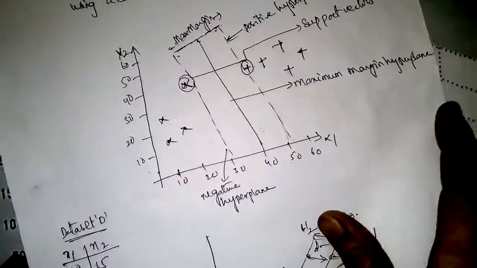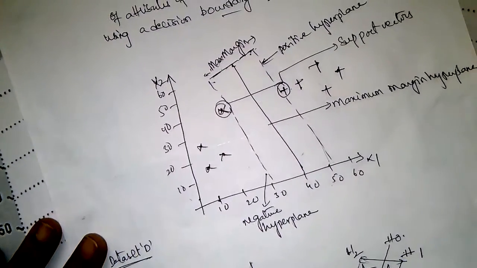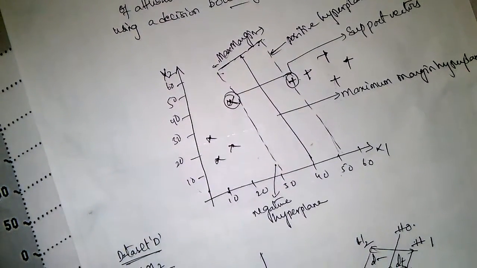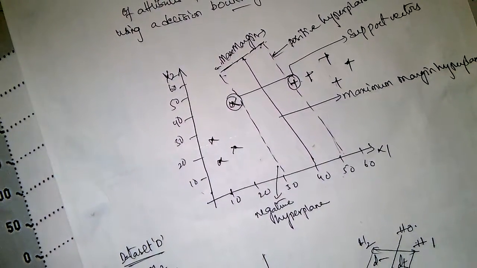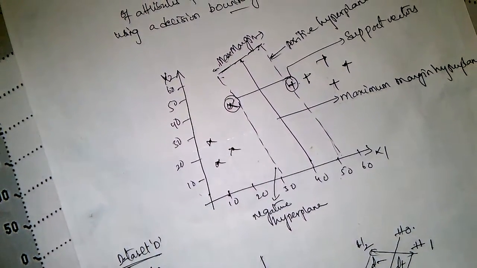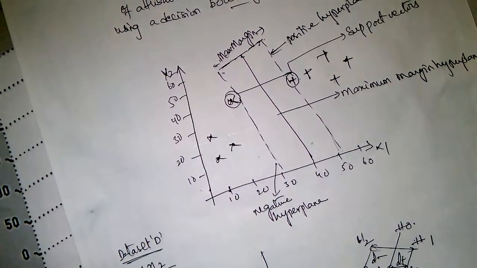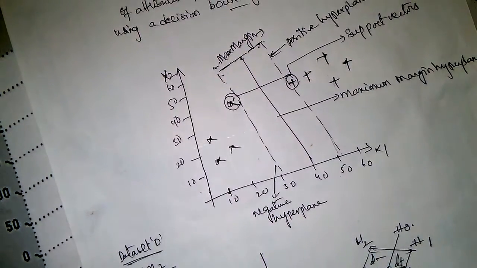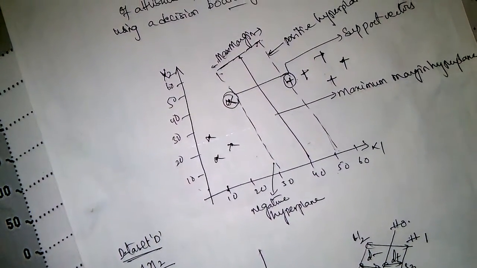So we say support vector machines are a popular algorithm used for both classification and regression problems. Primarily, support vector machines are used for classification problems, and sometimes regression problems also.